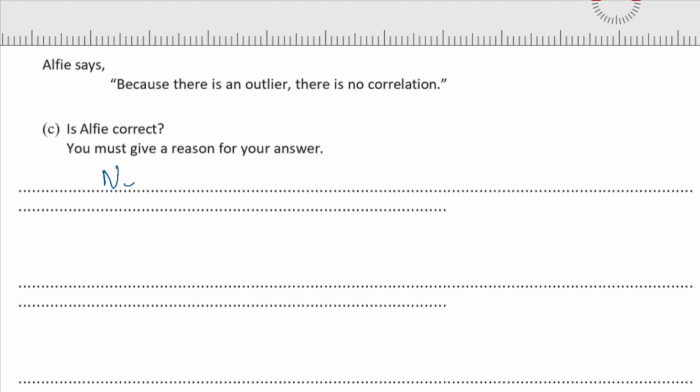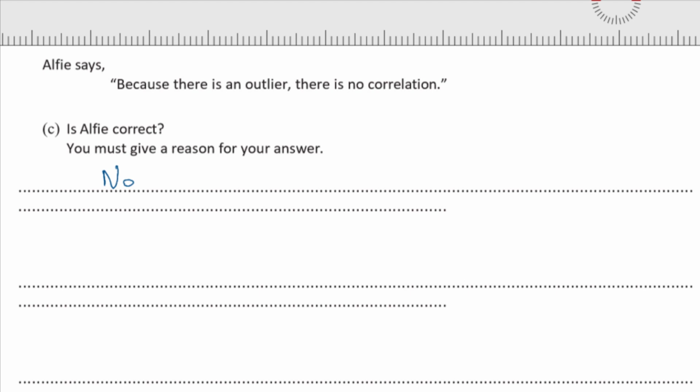Now, there's 101 reasons why you might get an outlier. It might just be an error in recording the data. So someone might have actually put 13 down instead of 3, or something like that. Could just be an error that way. Or it could just be that you've got one event that just doesn't fit the pattern. So it might have been a really windy day that day, or a really still day.